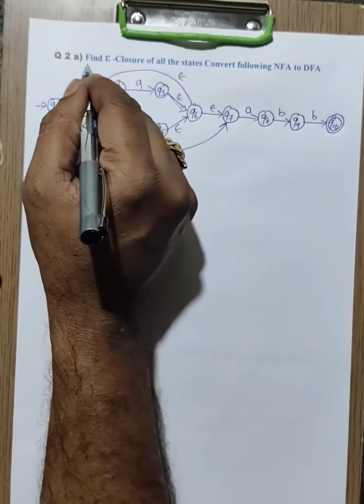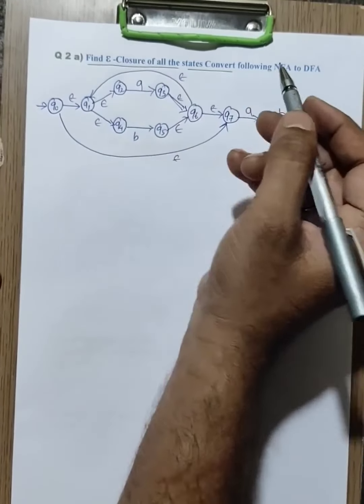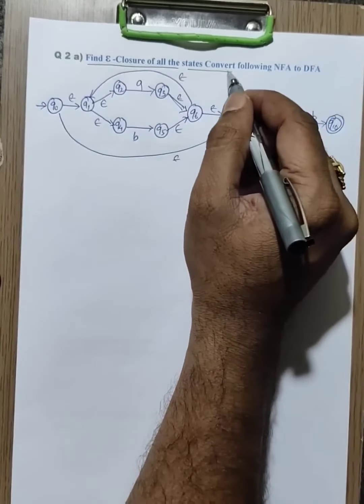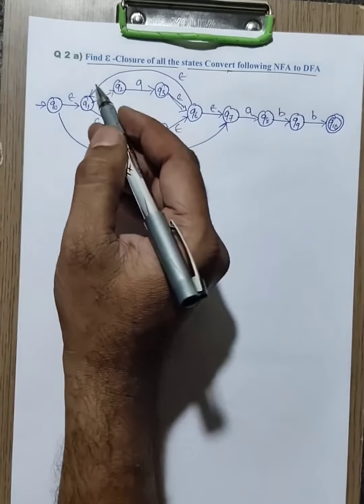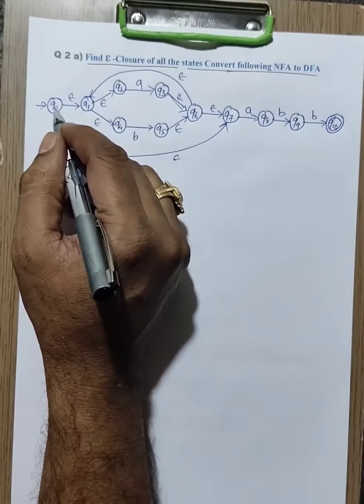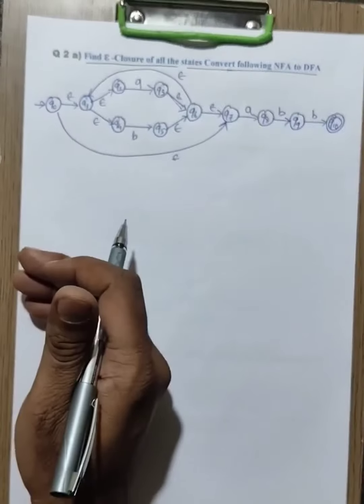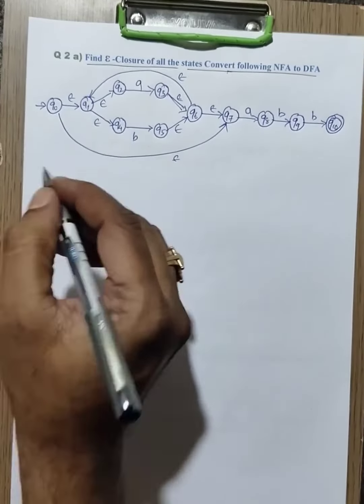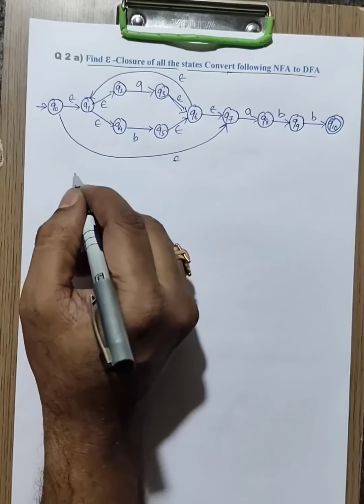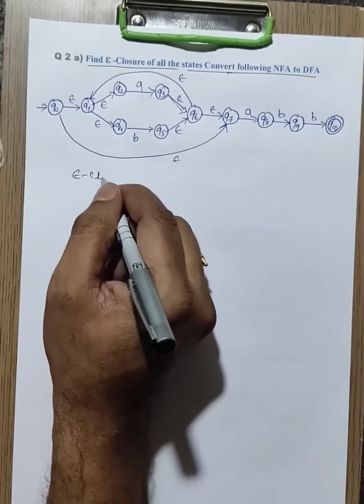First find the epsilon closure of all states, then convert from NFA to DFA. Epsilon closure means reaching states from the current state without any input symbol transition. The epsilon closure of each state first includes the state itself.